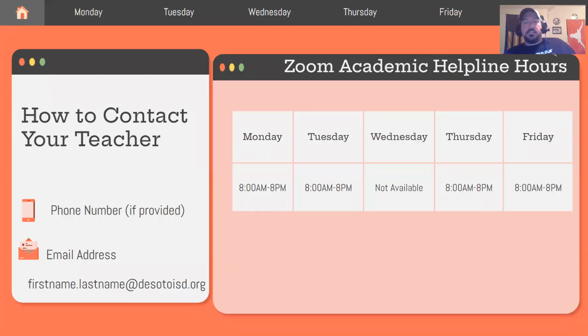So how to contact your teacher. If your teacher has provided their phone number for you, that's one way, or their email address. I know from my folks at Cockrell Hill, some of my parents will have my telephone number. I didn't give it to all, of course, but it'll be one of those things.